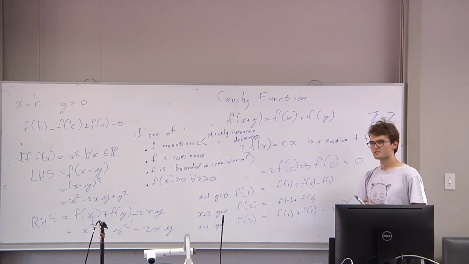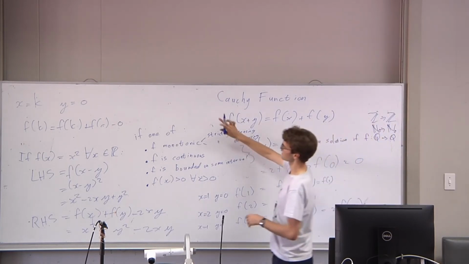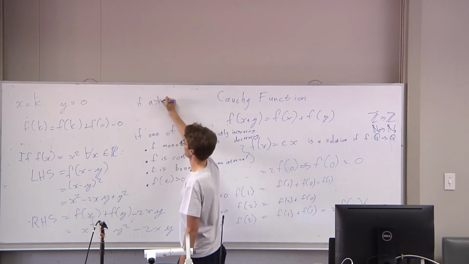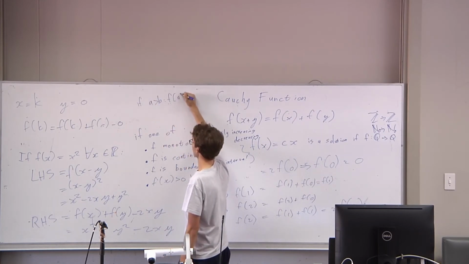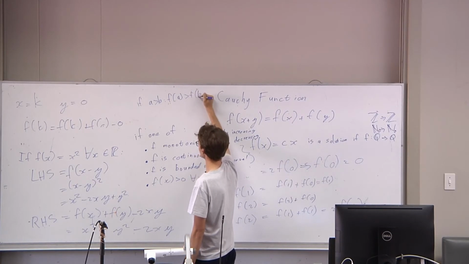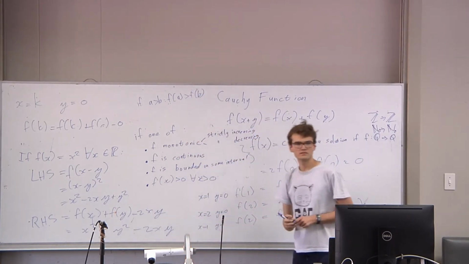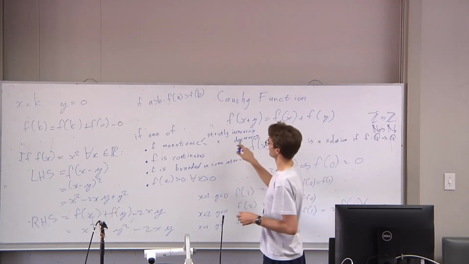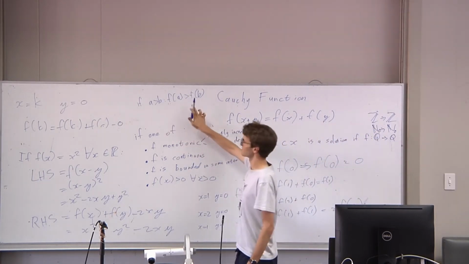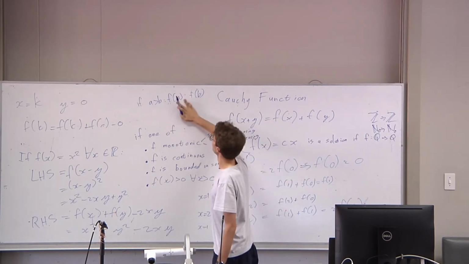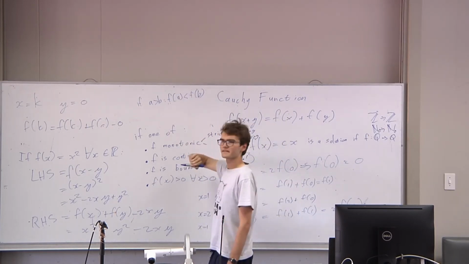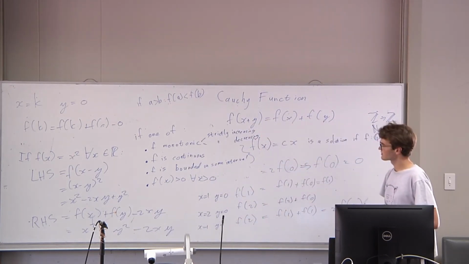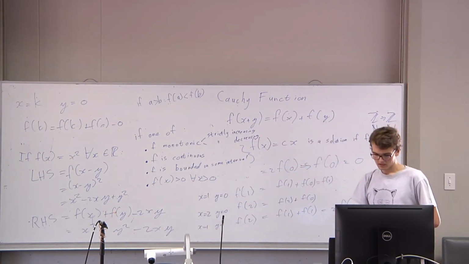That just means that if, for instance, with strictly increasing, A is bigger than B, then you know that f of A is bigger than f of B, which is sometimes not too difficult to prove. And strictly decreasing, you just swap those two. Okay? So yeah, that's useful to know.